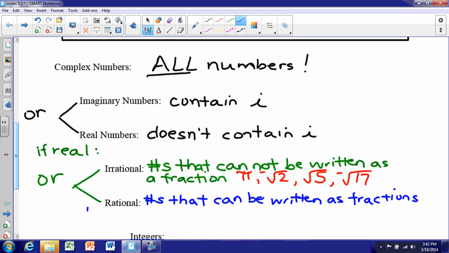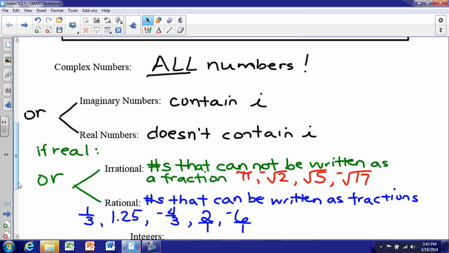So 0.3 repeating is 1/3, and that's why it's rational, because it can be written as a fraction. 1.25 is also rational because it can be turned into a fraction. That would be 5/4. But if I gave you a fraction, that's automatically rational. And numbers that are not fractions, like 2 and 6 and -6, those are also rational because you can turn any number like that into a fraction by putting it over 1.